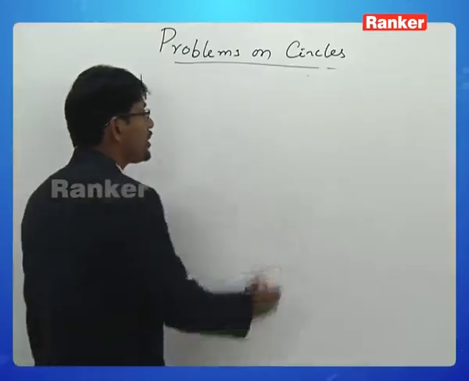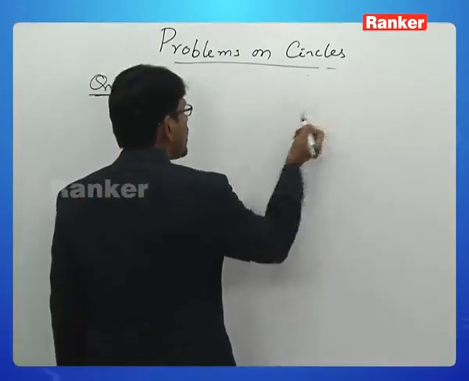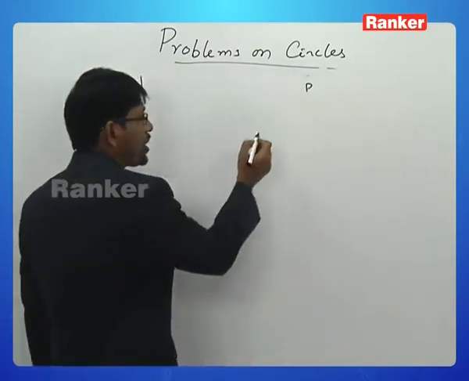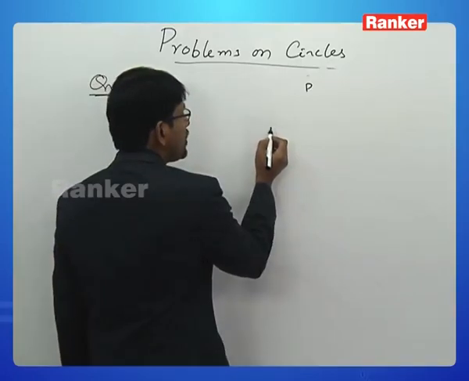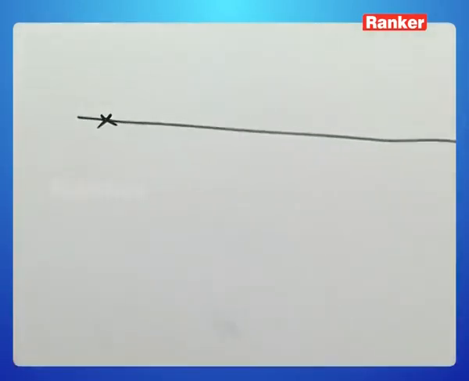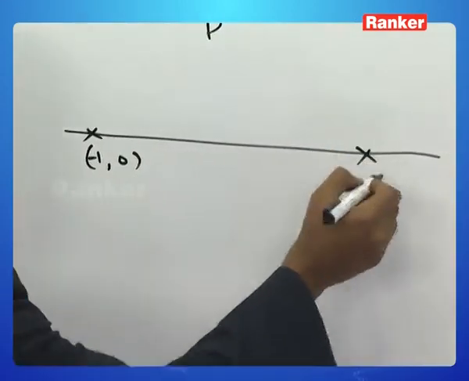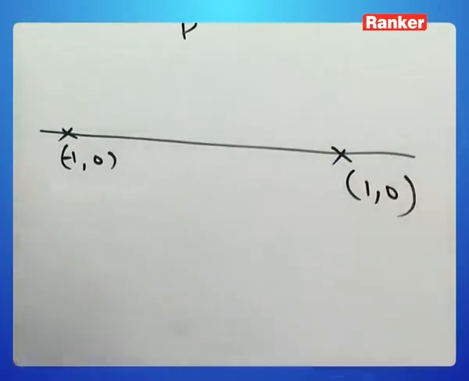Now it says that, look at a point P, such that its distance from 1, 0 and minus 1, 0 are in a particular ratio.